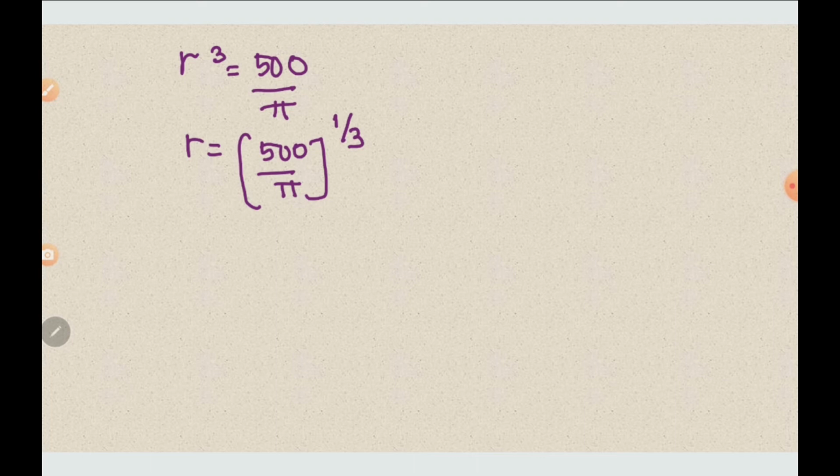You can check the value by using the calculator and you will get r is approximately equal to 5.42. This is the radius of the cylinder.